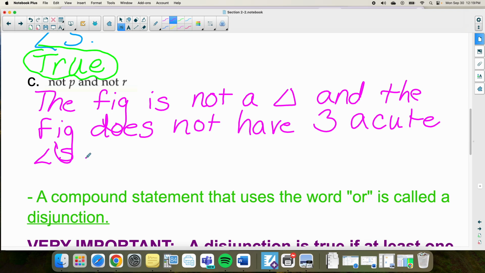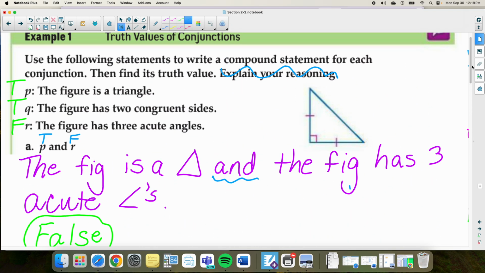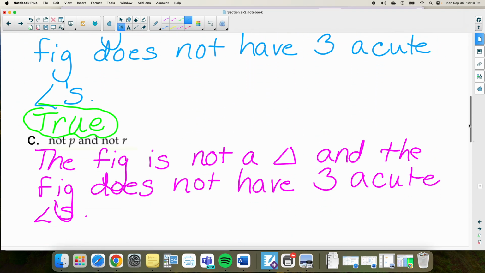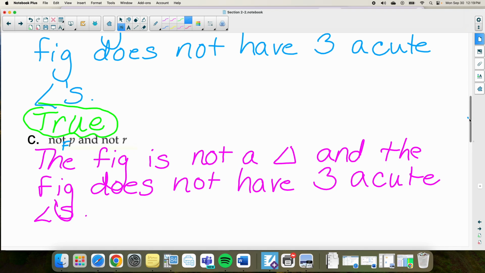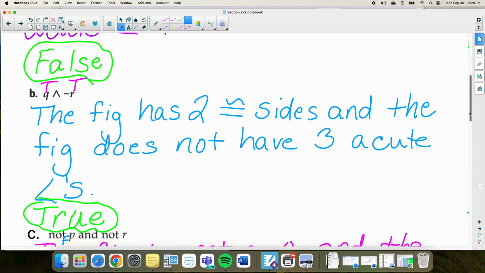Now, not P. If I try to say what not P is, P was true. So when I negate that, it's going to be false. Not R. R was false. So when I negate it, it's going to be true.